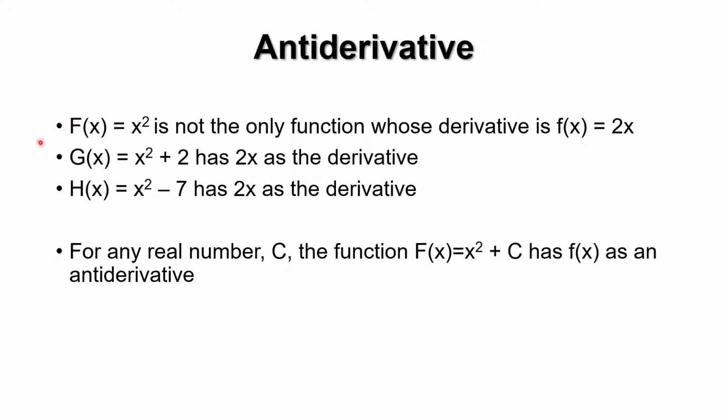When you have three different functions such as f(x), g(x), and h(x), which are x squared plus 2, x squared, and x squared minus 7 respectively, when all these three functions are differentiated with respect to x, the resultant is actually 2x. When you differentiate f(x), you'll get 2x, g(x) also 2x, and h(x) is also another 2x as the derivative.